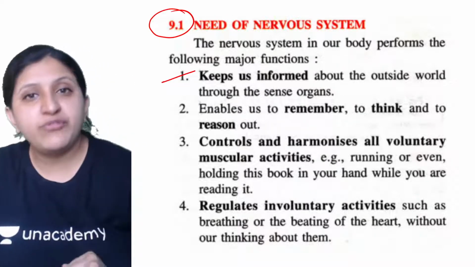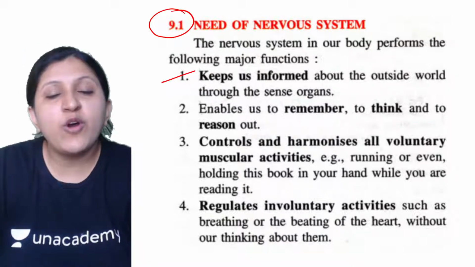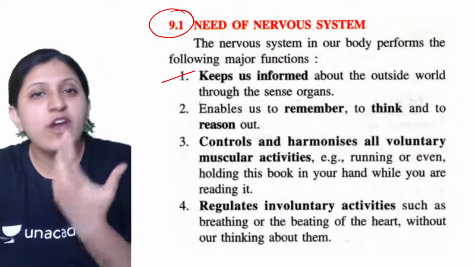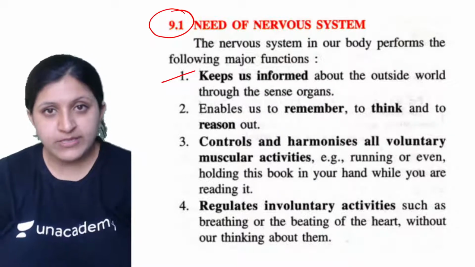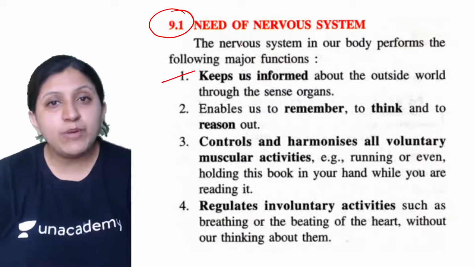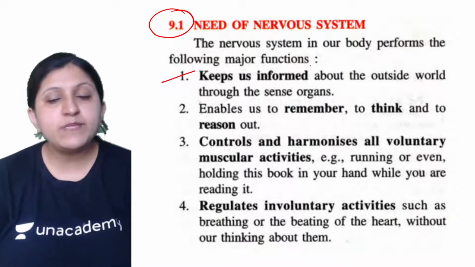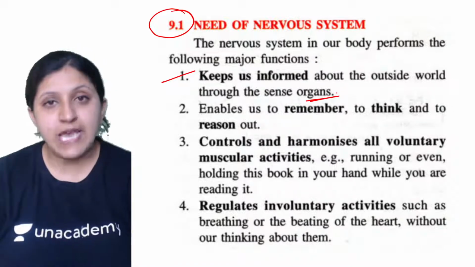You can touch and feel, which is because of the skin. Taste is also there, since your tongue has sensory cells. All your sense organs keep you informed about the surroundings. So this keeps us informed about the outside world through the sense organs.